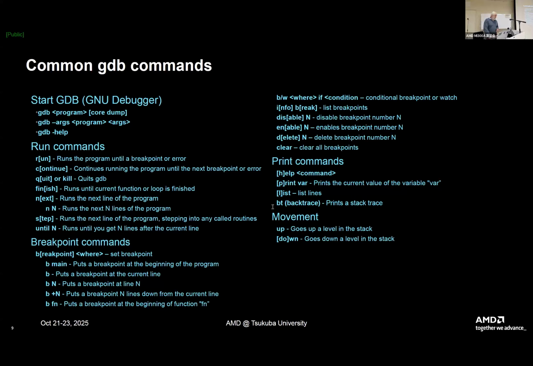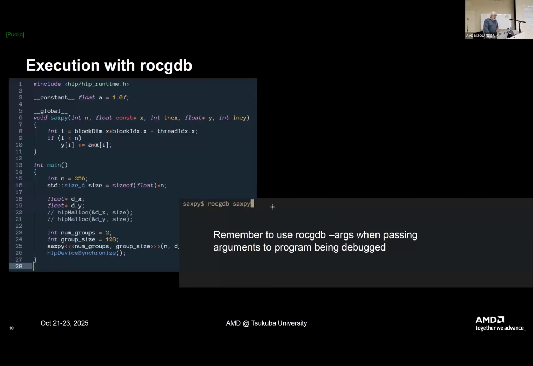So we're going to run the code under ROCgdb. We just do ROCgdb first. And if we have arguments to the program, we have to do --args to pass them to the program instead of the debugger.